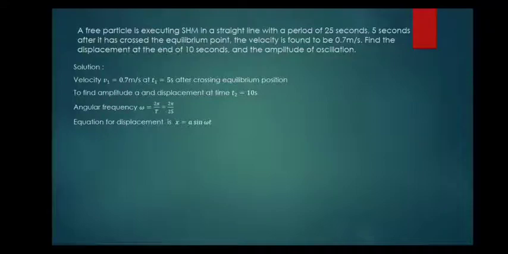Equation for displacement is given as x equals a sine omega t. So velocity can be written as dx by dt. On differentiating x, you will get a omega cos omega t. So at time t1 equals 5 seconds and velocity 0.7 meter per second, if you substitute in the above equation, 0.7 equals a into 2 pi by 25 into cos of 2 pi by 25 into 5.